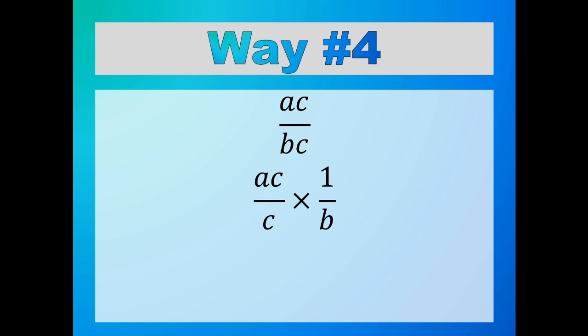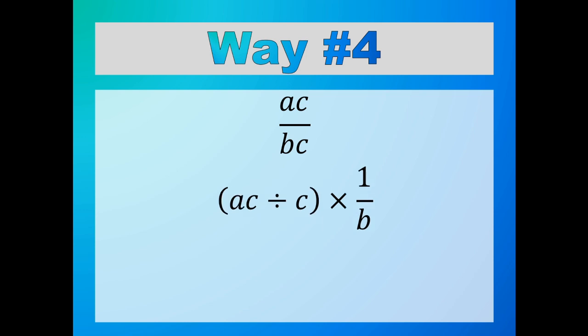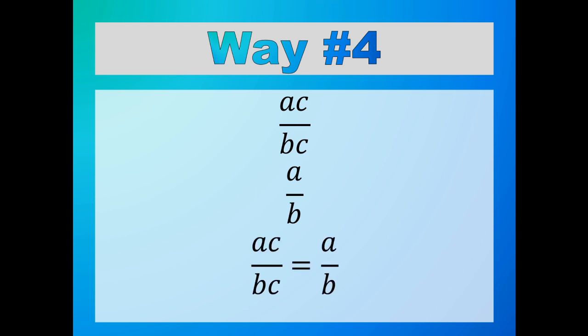So we're kind of undoing that multiplying. Now ac over c is equal to ac divided by c, and ac divided by c is equal to a, and a times 1 over b is equal to a over b. And so we find out that ac over bc is equal to a over b.